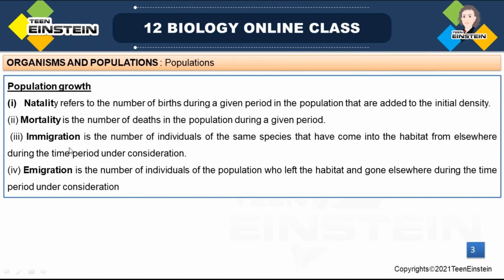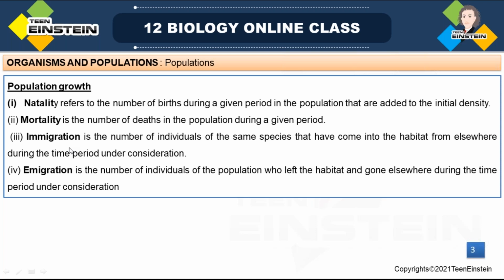At a particular period, the same species, like say some birds, are coming from some other places to this habitat, belonging to the same species. So those numbers also get added to this population. The number of individuals of a particular species becomes more.